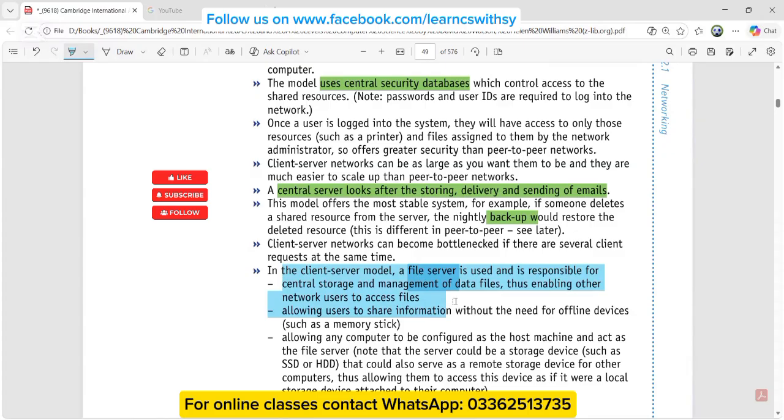It allows users to share information without the need for offline devices, allowing a computer system to be configured as a host machine and act as a file server. Then other computers can be connected to it as clients. So a file server, just like the web server or the email server or the print server, has its job restricted to the management and storage of files, because the other network users are able to access those files present in the file server.